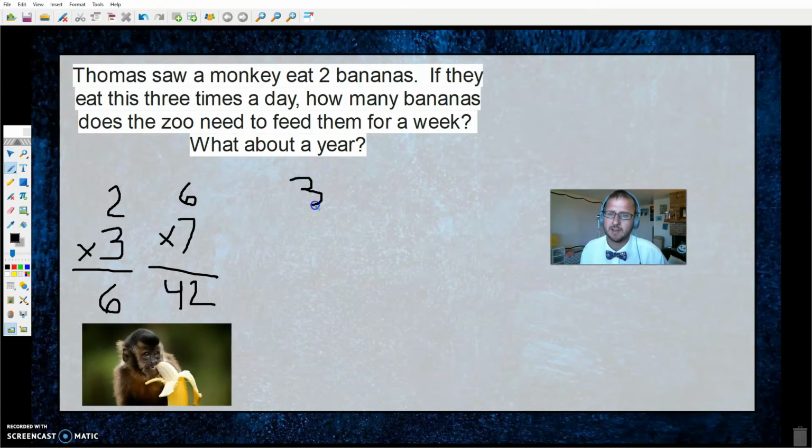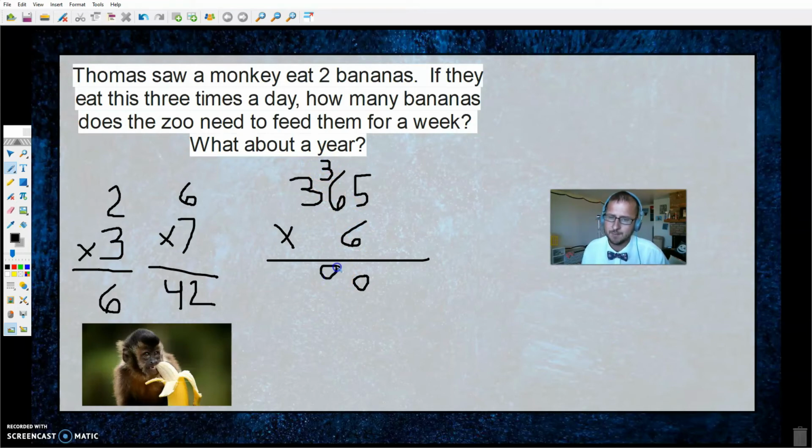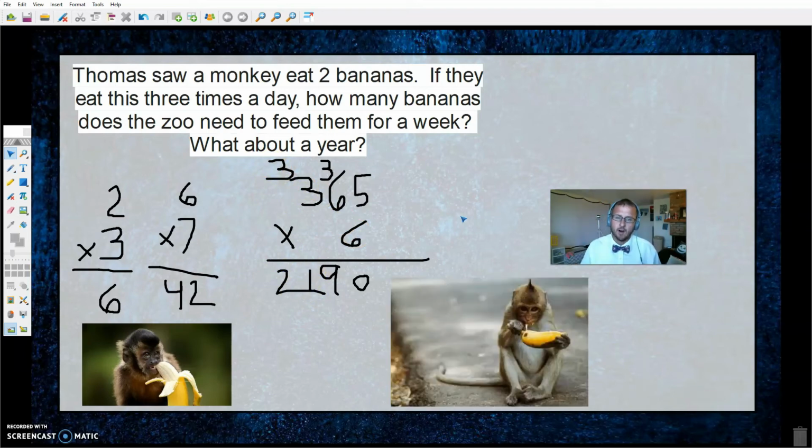So we'll end up having 365, and we're going to multiply that by the 6 bananas a day. 5 multiply 6 is 30. 6 multiply 6 is 36, 37, 38, 39. 3 multiply 6 is 18, 19, 20, 21. If all of these lucky monkeys ate was bananas for the entire year, 2 per sitting, 3 per day, they would eat 2,190 bananas per year.